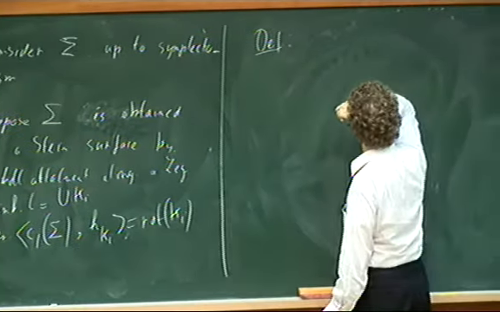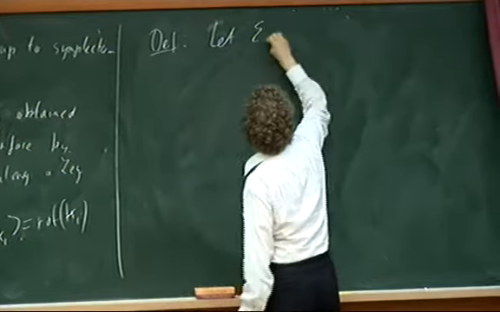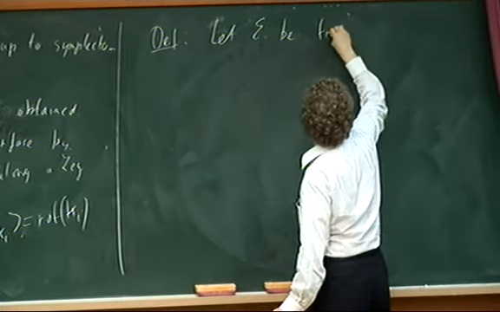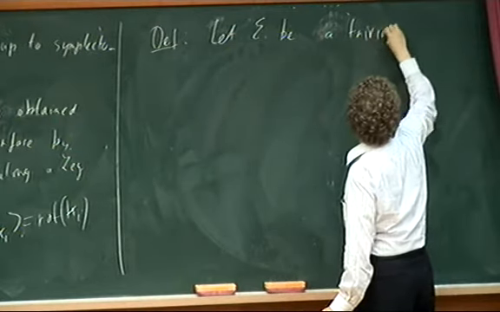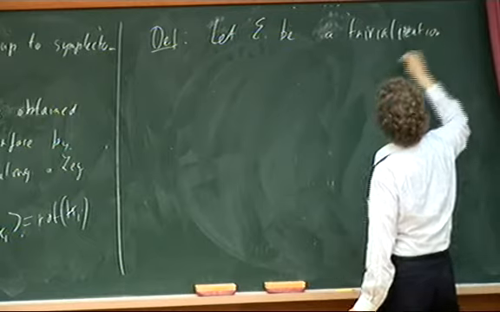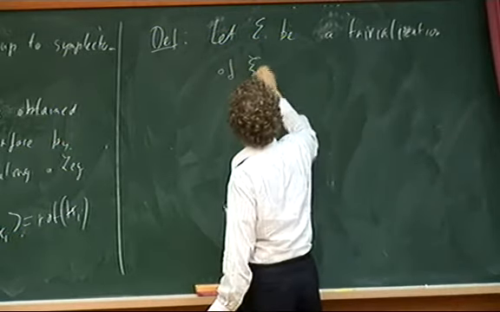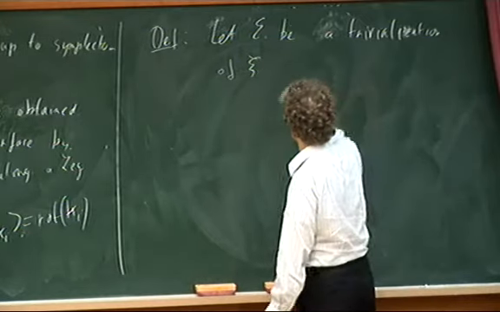So the rotation number can be defined by, so let epsilon be a trivialization of the contact structure. Say, well, I'm a bit lazy, so let's take a global trivialization. I mean, you should maybe care.